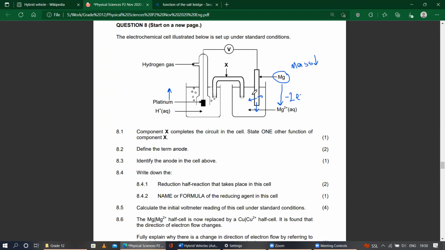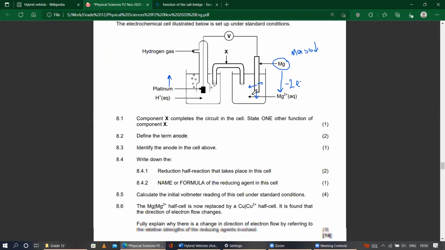But anyway, that's gonna be our answer for 8.1. You can just say it prevents both solutions from mixing, it transports the electrons, it prevents it from reaching its equilibrium point. But anyway, let's go to 8.2.